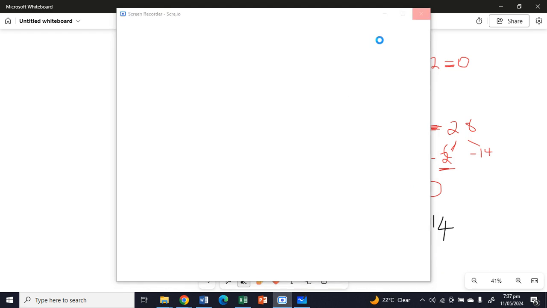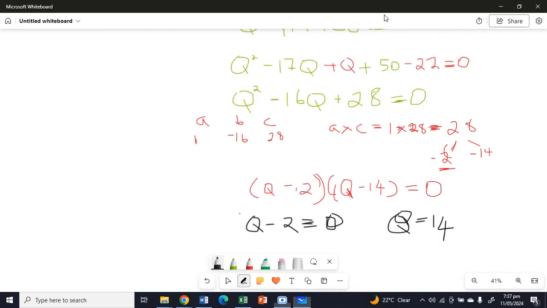Then the next part is to find the profit that we get, the maximum profit. If you remember, profit equals total revenue minus total cost.